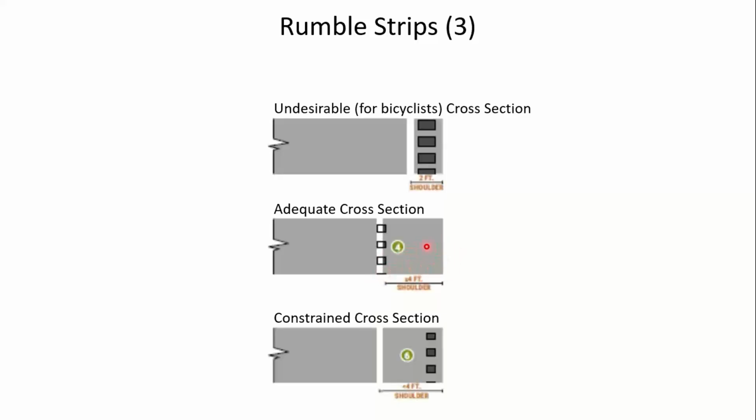The full shoulder width essentially is available for bicycle use. And then the bottom image shows a constrained cross section. Notice here the rumble strip is essentially at the back of the shoulder. So 4 feet or greater, I guess, of shoulder, but at least we're leaving some space between the edge line and the rumble strip for bicyclists.